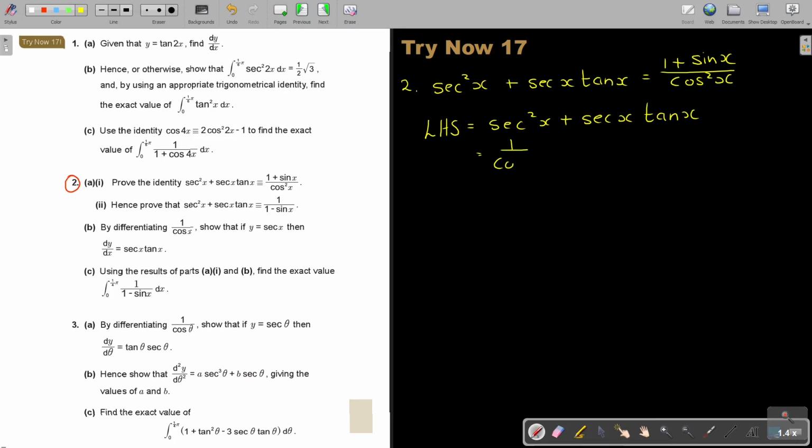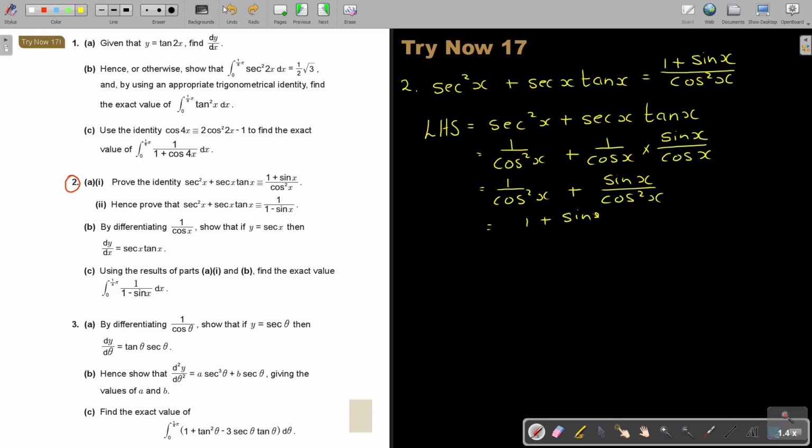So it's 1 over cos squared x plus 1 over cos x times sin x over cos x. Okay, take note there's a positive. So it's 1 over cos squared x plus sin x over cos squared x, and that will give you 1 plus sin x over cos squared x, and then that is equal to the right-hand side.